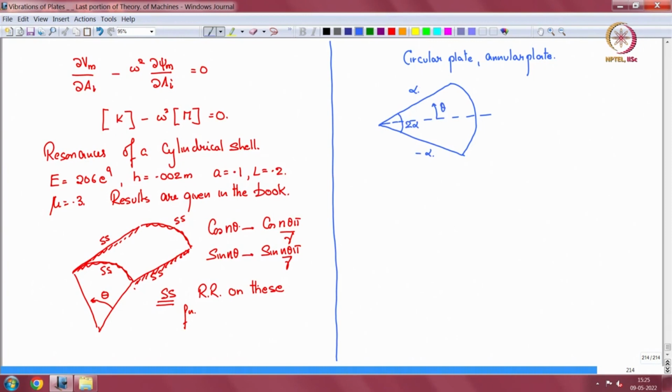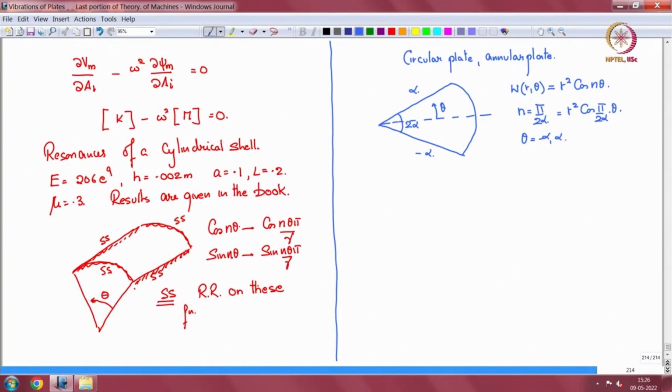So if you did this, suppose r square cos n theta, and n was your pi by 2 alpha. That means this is equal to r square cos theta, where theta goes from minus alpha to alpha.